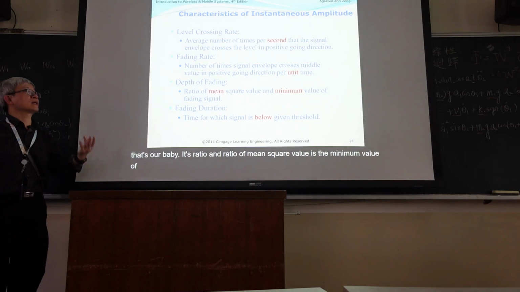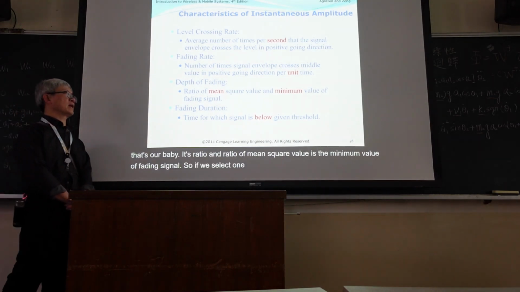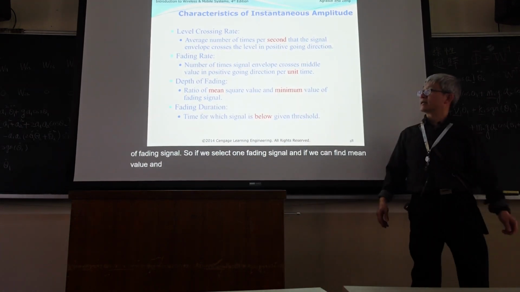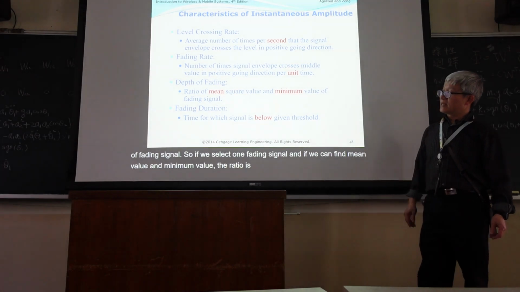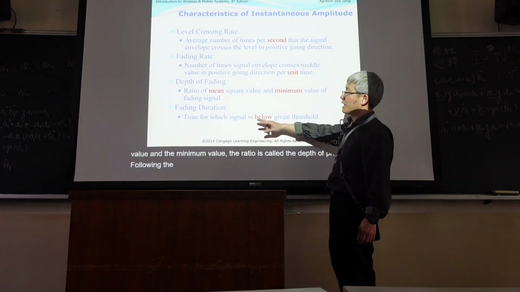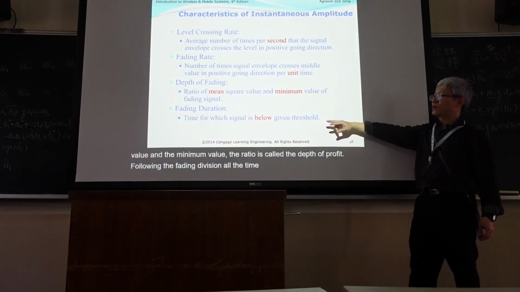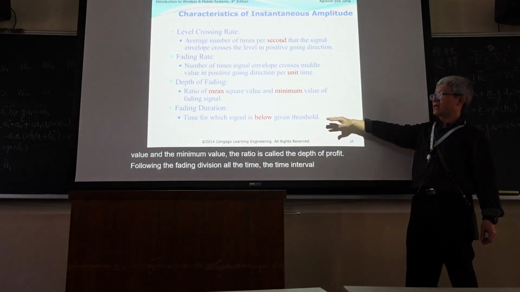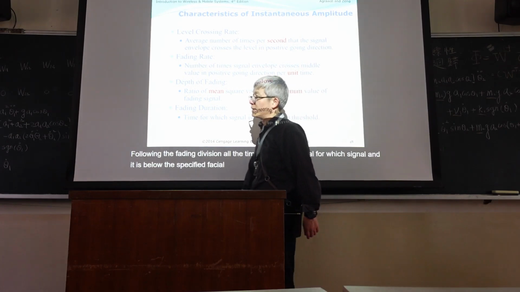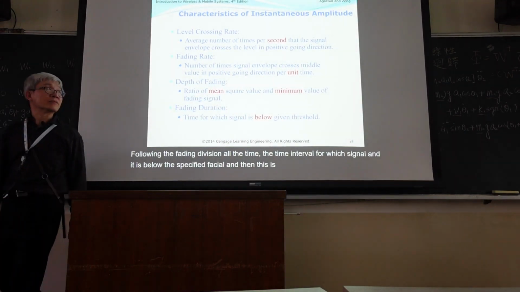So we select one fading signal, and if we can find the mean value and the minimum value, the ratio is called the depth of fading. Finally, the fading duration: the time interval for which the signal is below the specified threshold is called the fading duration.